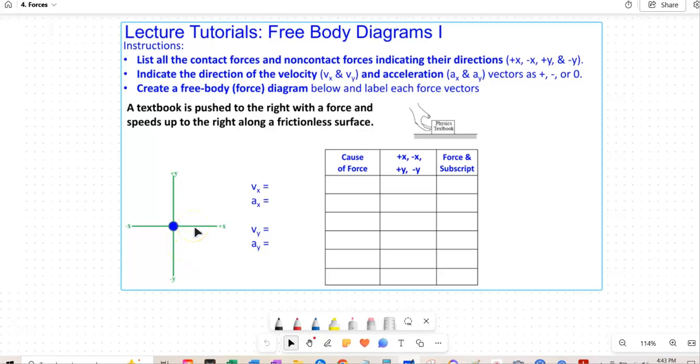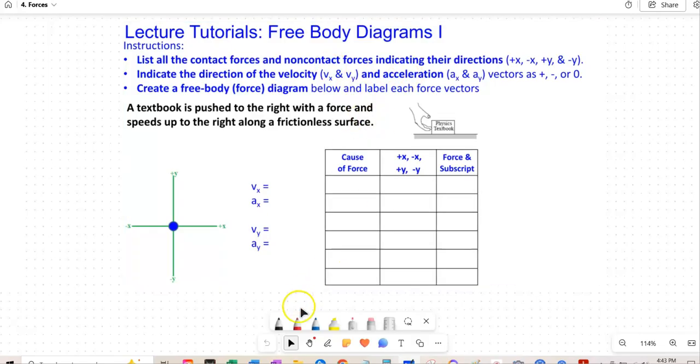Okay, so here we go. We're going to list all of the contact forces and non-contact forces. All right. Well, the only non-contact force, and I always start with this, is mg, which is the weight of, in this case, the textbook. So this textbook is being pushed to the right with a force and speeds up to the right along a frictionless surface.